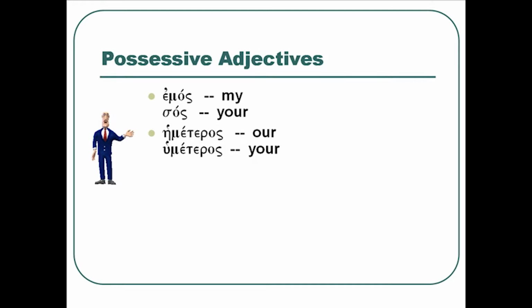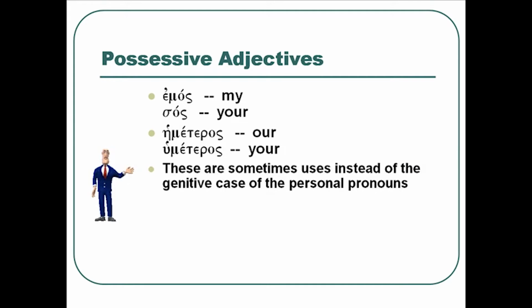You can kind of see the hemeis and humeis distinction there. These forms here are used instead of the genitive case of the personal pronouns. Instead of the mou and the sou, you use the emos and sos in the nominative case to replace the genitive case of the mu omicron upsilon and su sigma omicron upsilon.